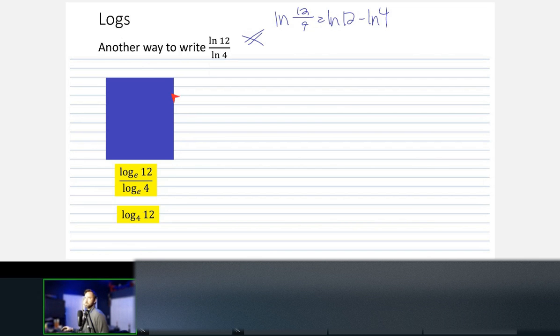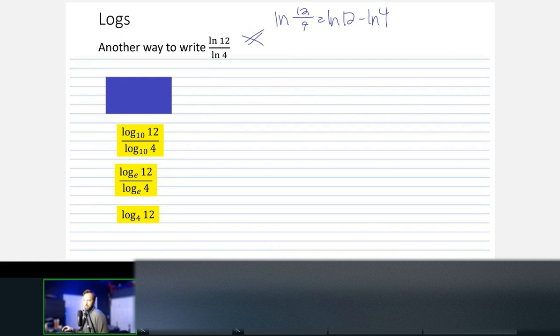To push you along the way, think about this: how can we rewrite this as something else using change of base to make it look different? Yeah, log 12 over log 4. That would also be correct, which is common log.